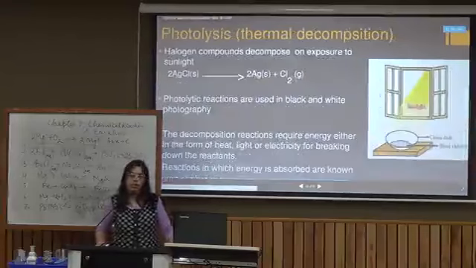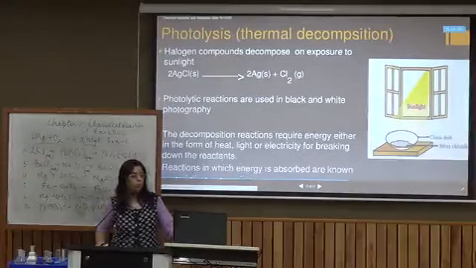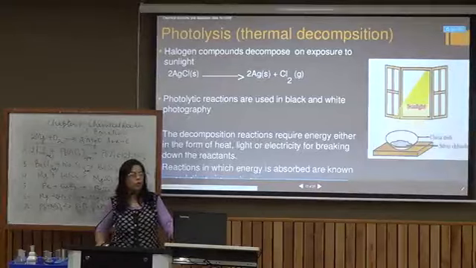If the sunlight is used to break a reactant into 2 or more products, then it is a photolytic decomposition reaction. Here silver chloride, when exposed to sunlight, decomposes to produce silver and chlorine gas, silver metal and chlorine gas.